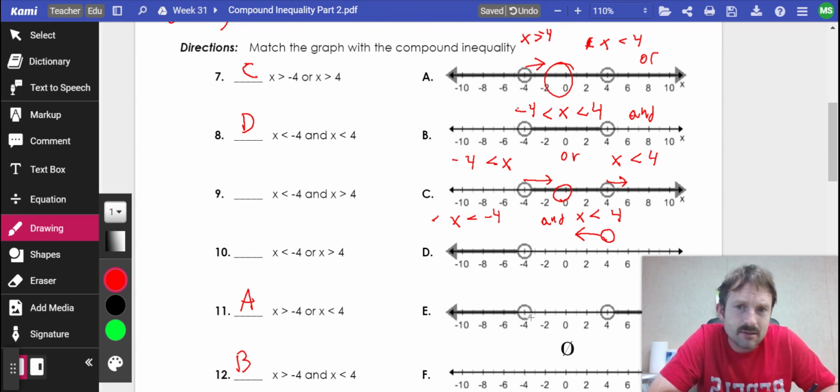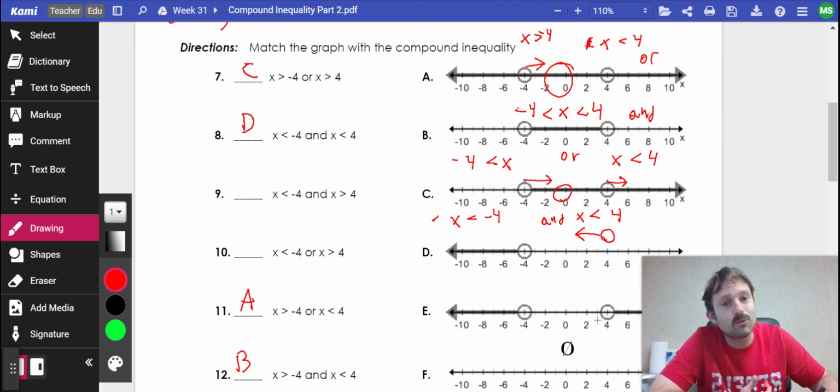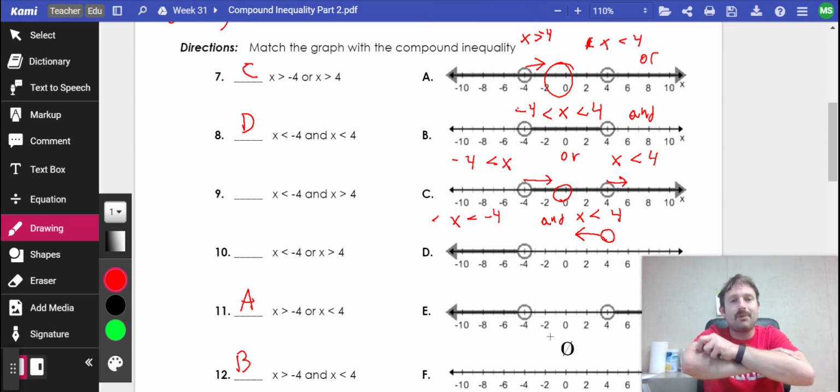All right, the last ones. Now, if it's "and," now I'm going to tell you right now, this is the same equation, but one's "and" and one's "or." If I look at these two right here, they should have been the same one. But if you look, these will never overlap.